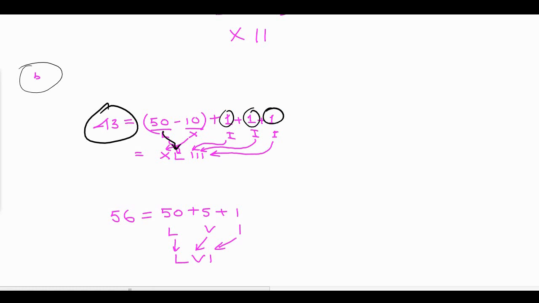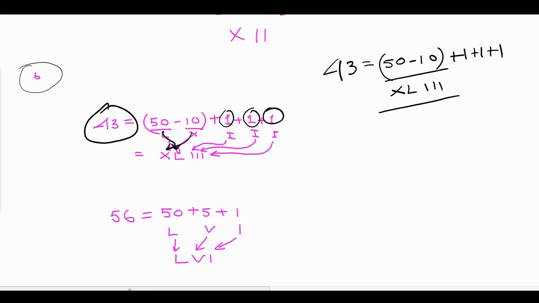So just write like this. Now 43 means XL plus 3: 50 minus 10, plus 1 plus 1 plus 1. This one is XL, then plus 3. This is a great example.